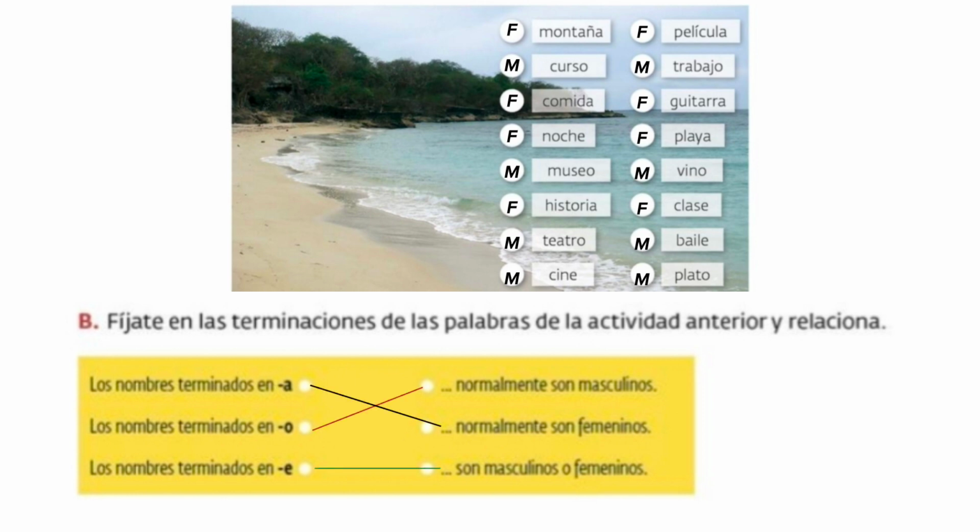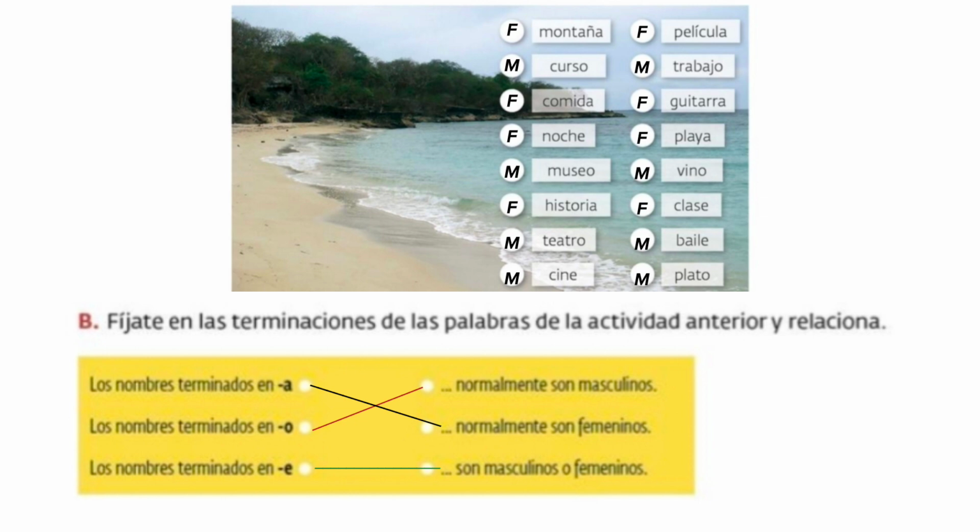So as you can see from this list, if the name is ending with A, in most of the cases it is feminine. And the names which are ending in O are normally masculine. Now the names which are ending in E can be both masculine or feminine.